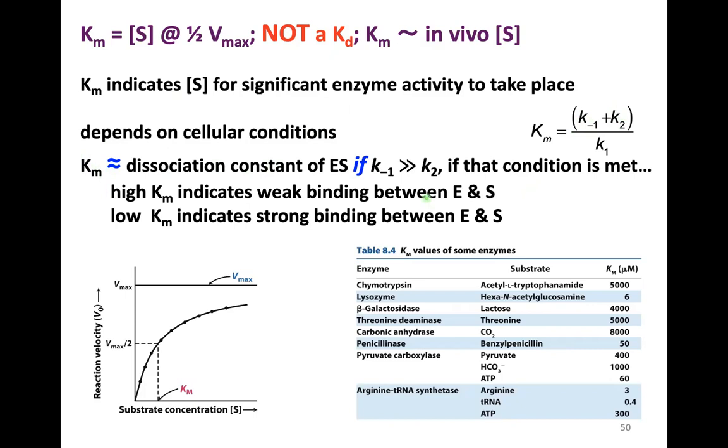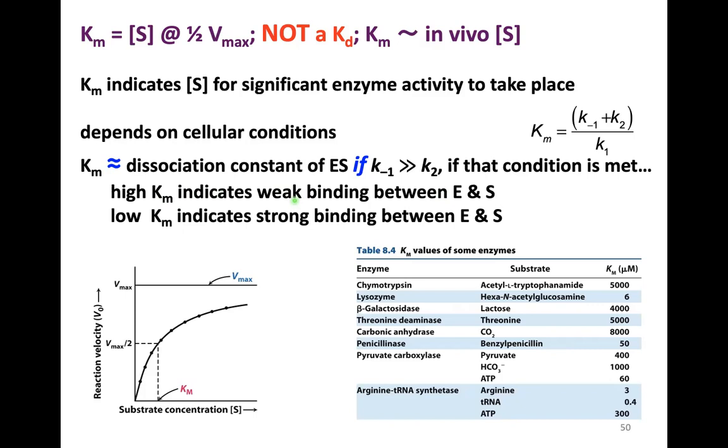Under and only under those conditions, if we have a high Km, that indicates, in an analogous way to what we learned about dissociation constants, KD, in the last chapter, weak binding between the enzyme and the substrate. A lower Km indicates a stronger interaction, stronger binding between the enzyme and the substrate.